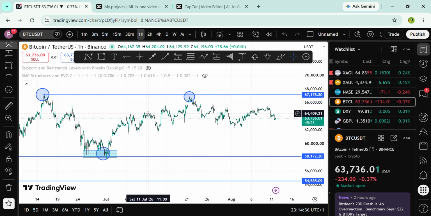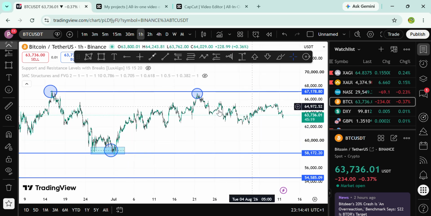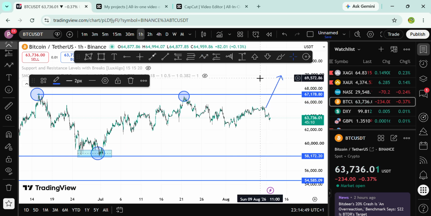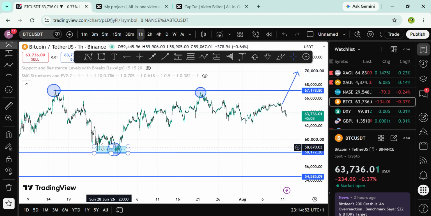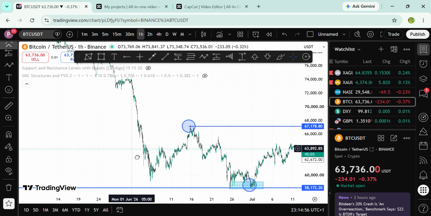We're expecting market structure. On this market structure, the market is not really giving us a bullish side because it has not broken above here. But if we go backwards, you see that the market rejected from up.